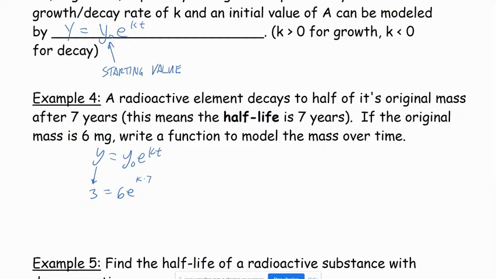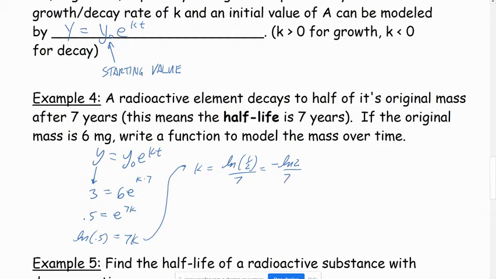If we divide both sides by 6, we get 0.5 equals e to the 7k. Take the natural log of both sides. Natural log of 0.5 equals 7k. So then k equals natural log of 1/2 over 7, or negative natural log 2 over 7. Those are both the same number, so you can write that either way.